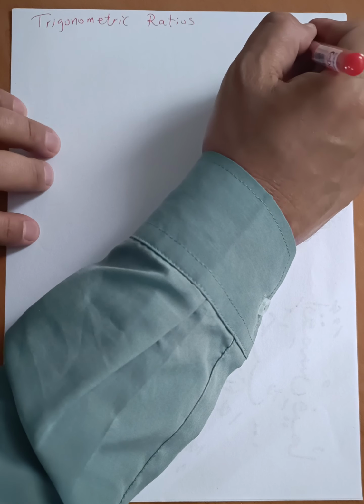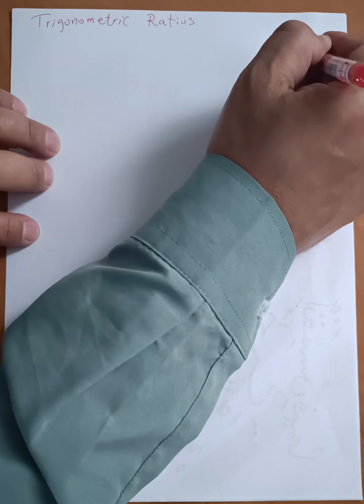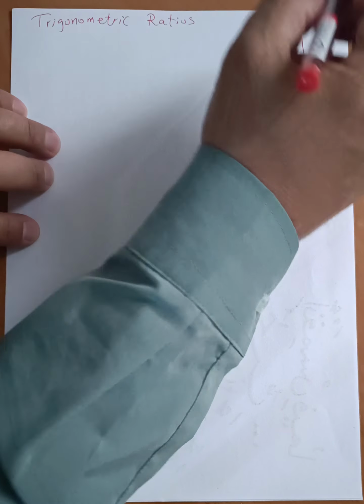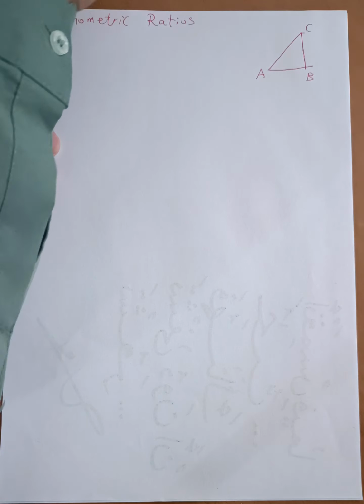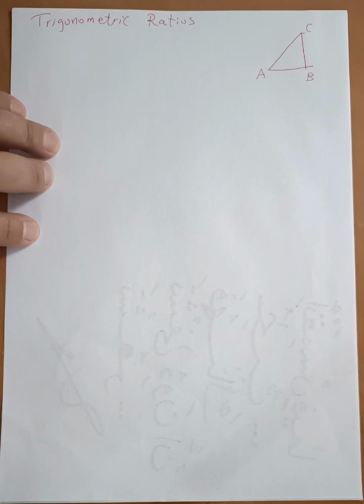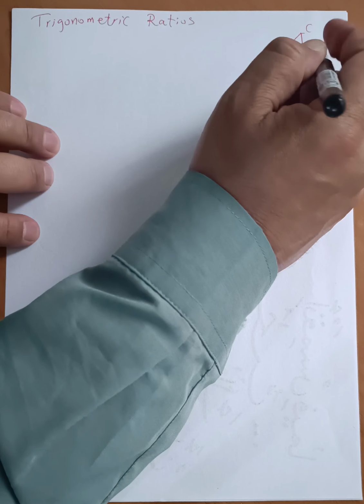Suppose we have this right angled triangle, A, B, C, and this angle I call theta.